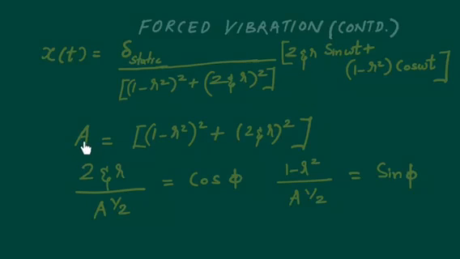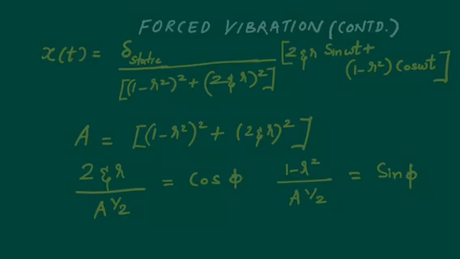Let's substitute a equal to, I missed out some, let's assume this is a. Then we can make the substitution like this. Why? Because if we take the square of this particular term, and the square of this term, and add both of these together, then we will get 1.